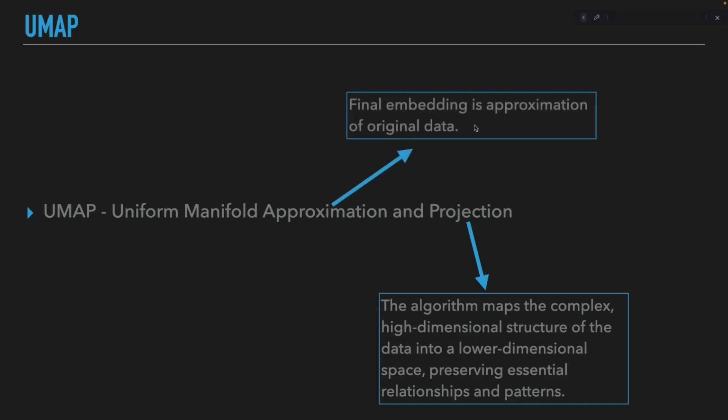Next, we have the approximation. Frequently, it is impossible to preserve all the information from our data while reducing the data dimensionality. For this reason, the embedding we obtain is an approximation of the original data.